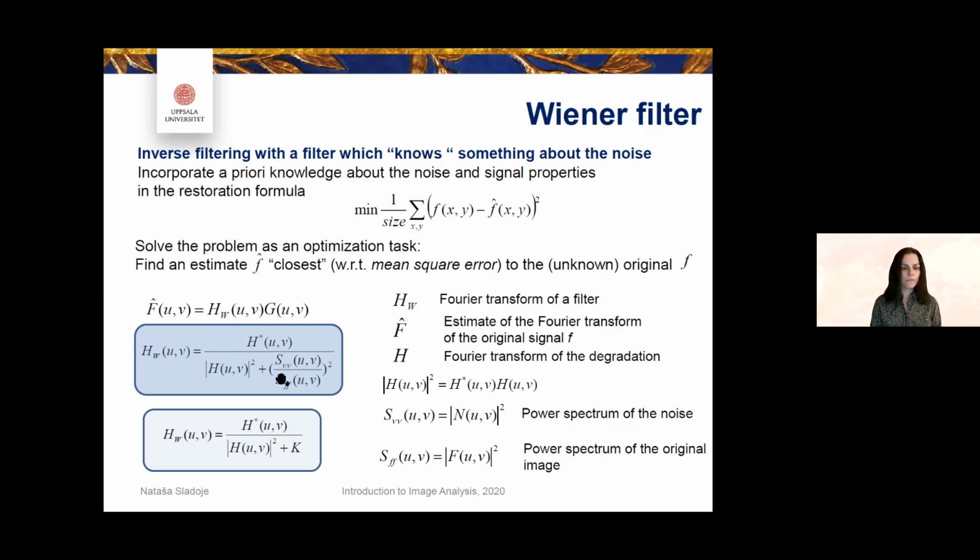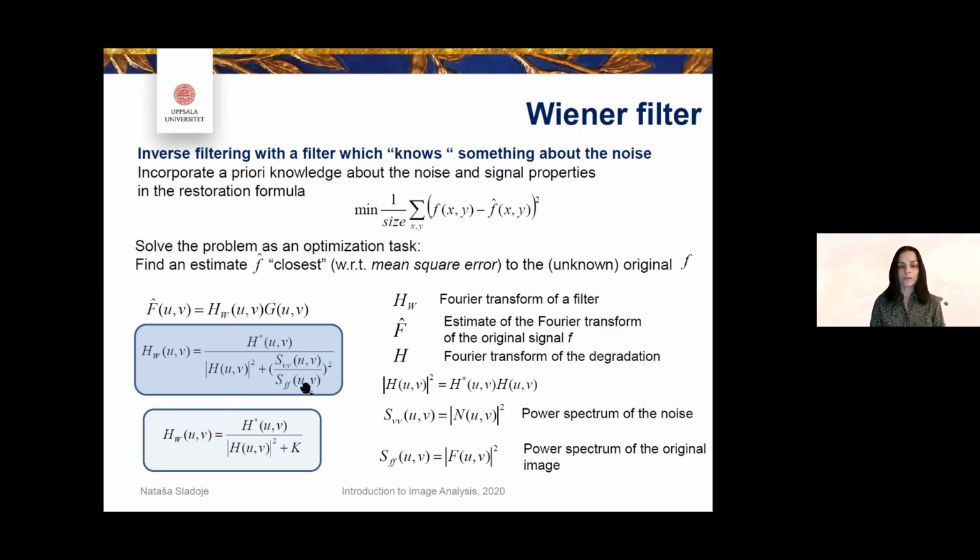We even see its conjugate, there is its power spectrum, so the square of its modulus, and then there is some additional factor here. So assuming that this additional term is not present, what remains will reduce to 1 over h. And that means that this would be ordinary inverse filtering as straightforwardly derived as a process to restore our original image. But now we have something here in addition.